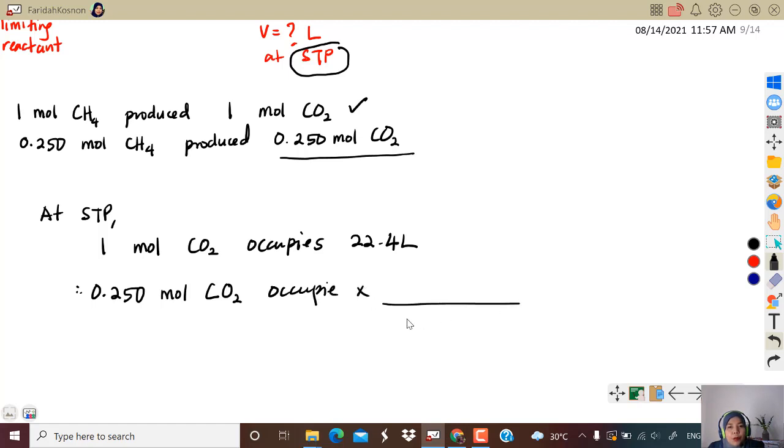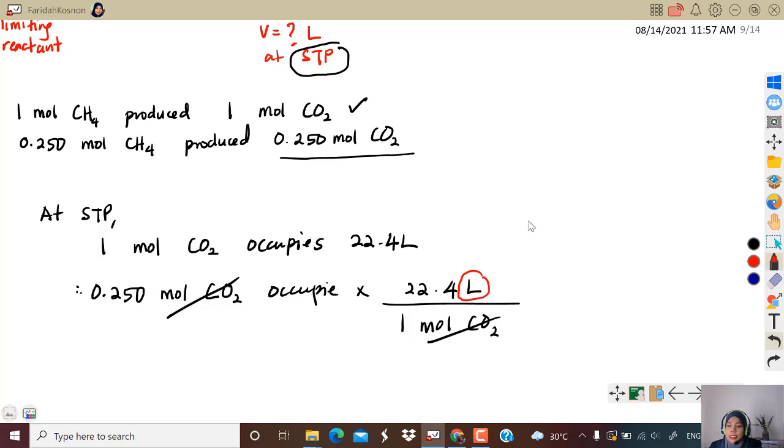So we have to divide by 1 mole of carbon dioxide times 22.4 liter. So you can see mole cancel out, leaving liter as the final unit, as the final answer.